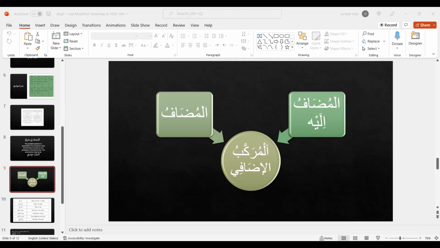So what are the two components of the idafa construction? Al-mudaf and al-mudaf ilayh. What is al-mudaf? This is the first noun, the noun which is possessed. It will always be an indefinite common noun and will never have the article al or tanween with it.